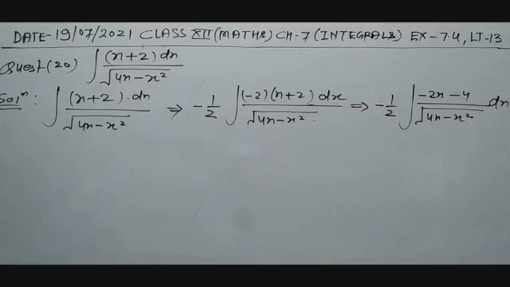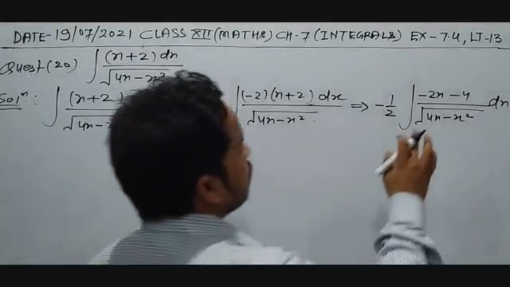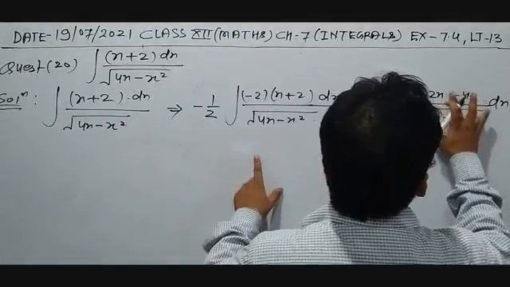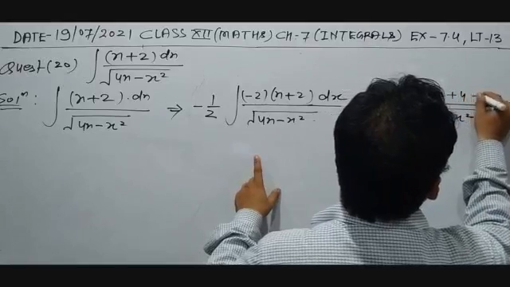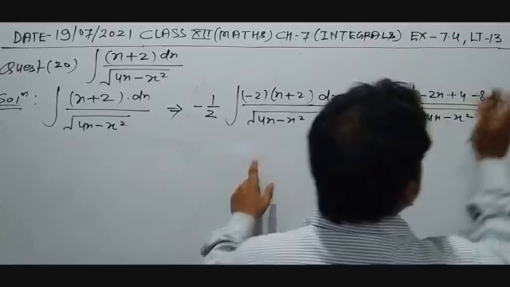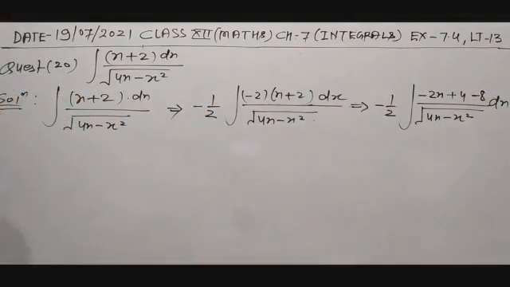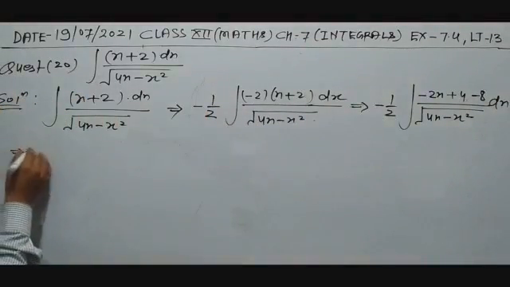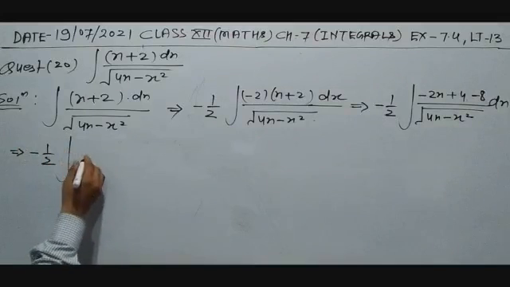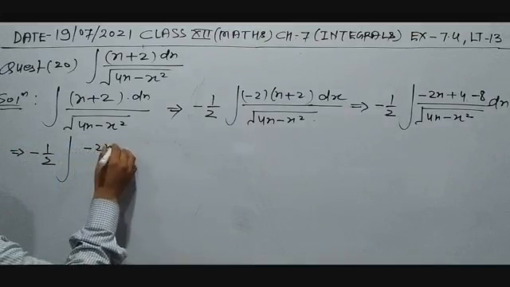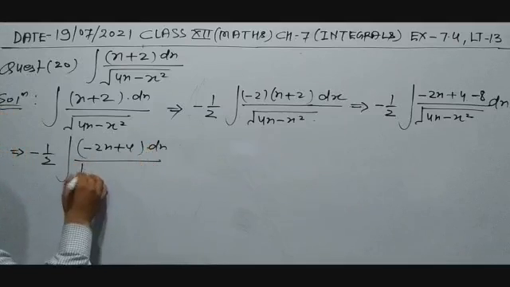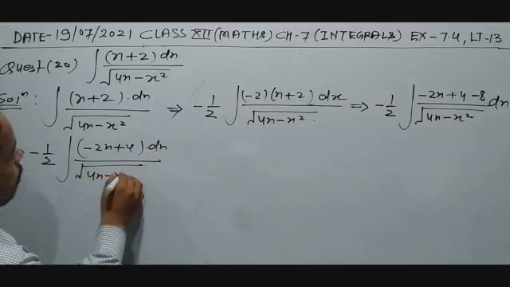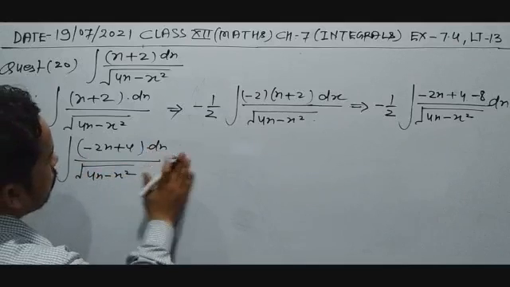So what we will have to do? We change minus 4 to be written as plus 4 and minus 8. Now this result will be minus 1 by 2 integration of (minus 2x plus 4) dx upon root over 4x minus x square.